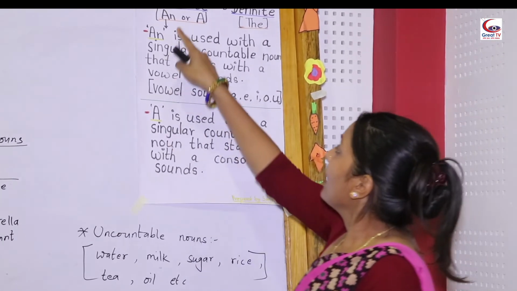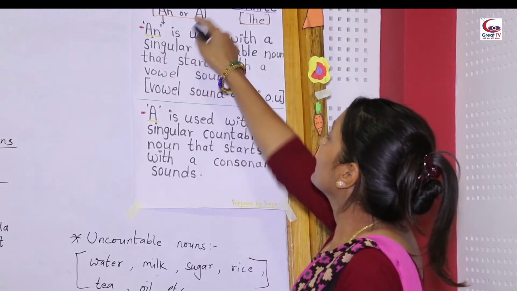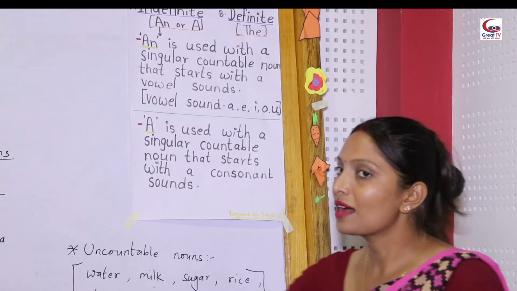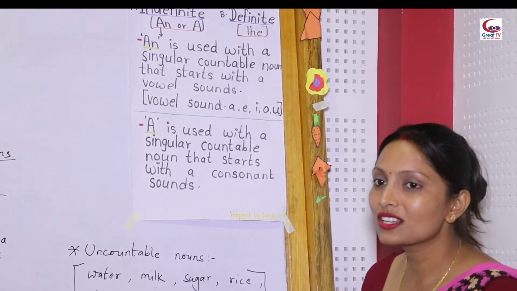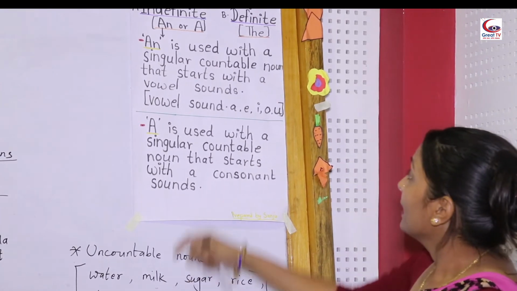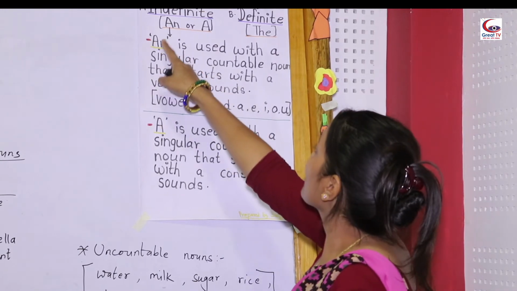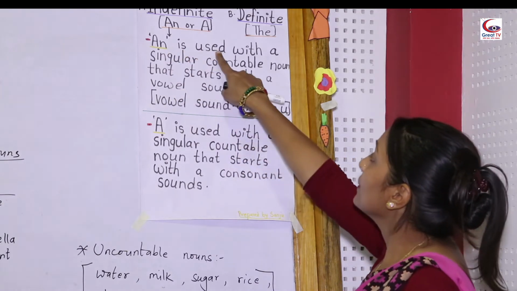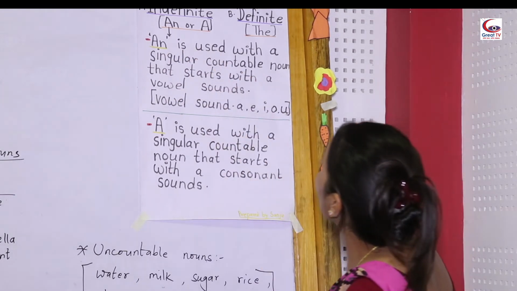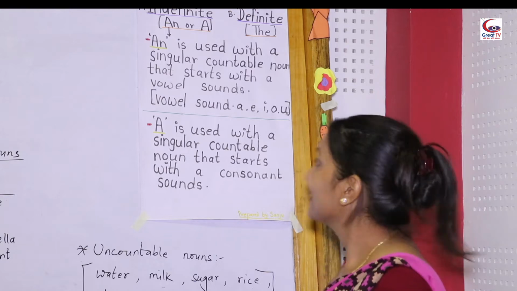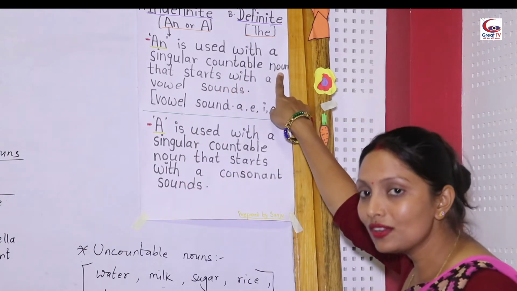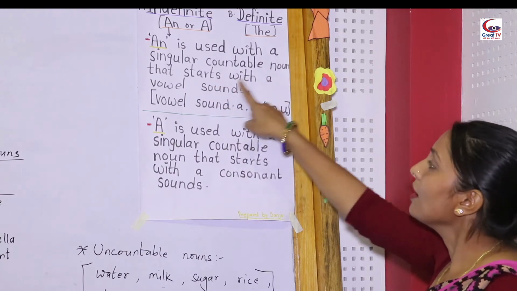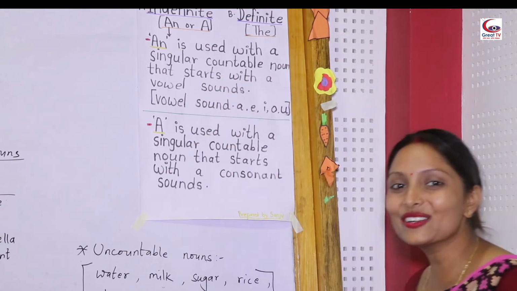Well, how can we use these a, an, and the? We already read and discussed some examples, and here are some points. An is used with a singular countable noun that starts with a vowel sound.